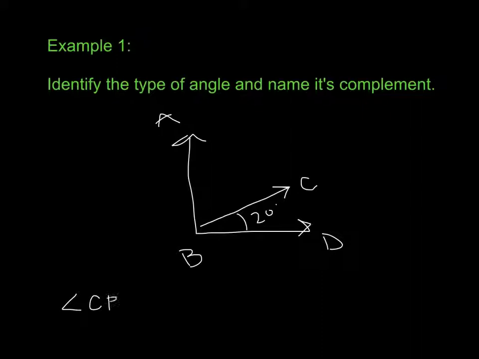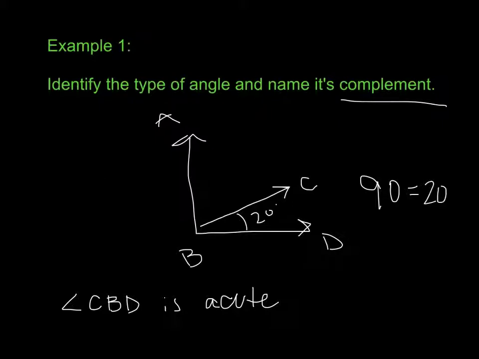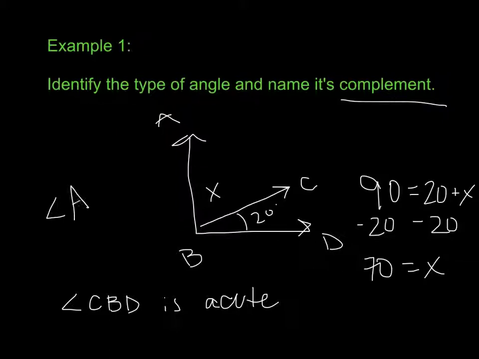Well, angle CBD is an acute angle, and its complement, because they have to add up to 90, would be 90 equals 20 plus x, this being x. If I subtract 20 from both sides, you'll find out that 70 equals x. So angle ABC's measure is 70 degrees.